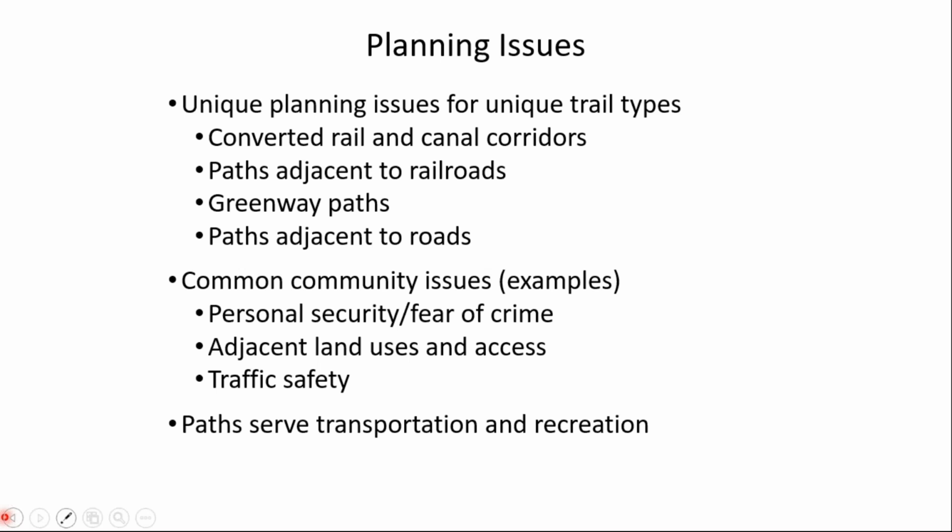This may apply to both the trail user and also to the adjacent land uses, as well as traffic safety issues, if the path is next to a roadway, or where the path crosses a roadway. And the paths we're talking about here serve both transportation and recreation. And where they're hard surface paths, they need to comply with the PROWAG requirements.